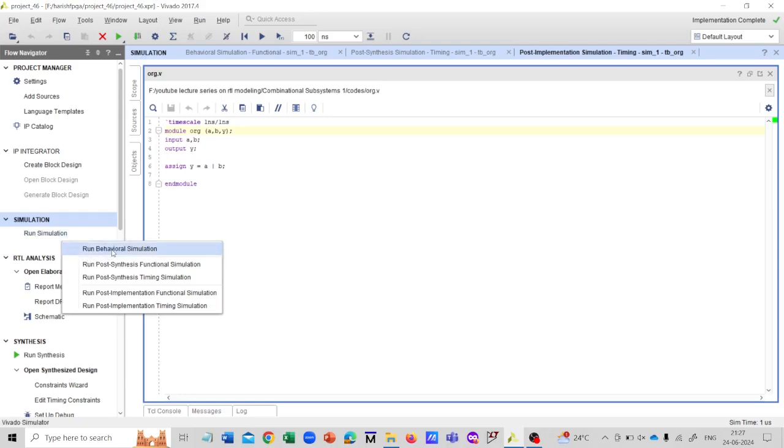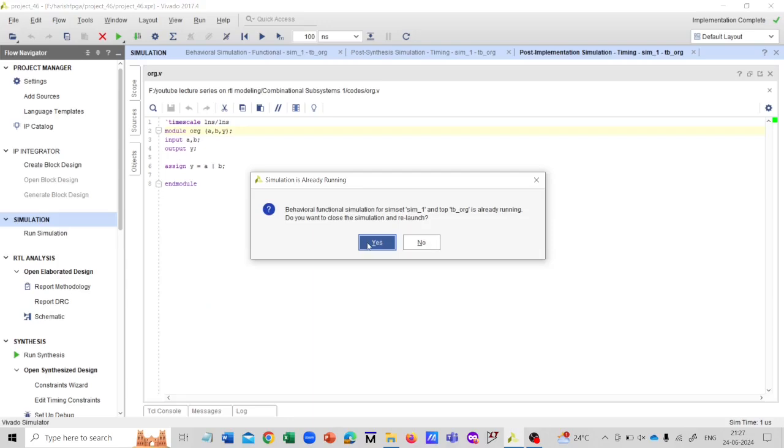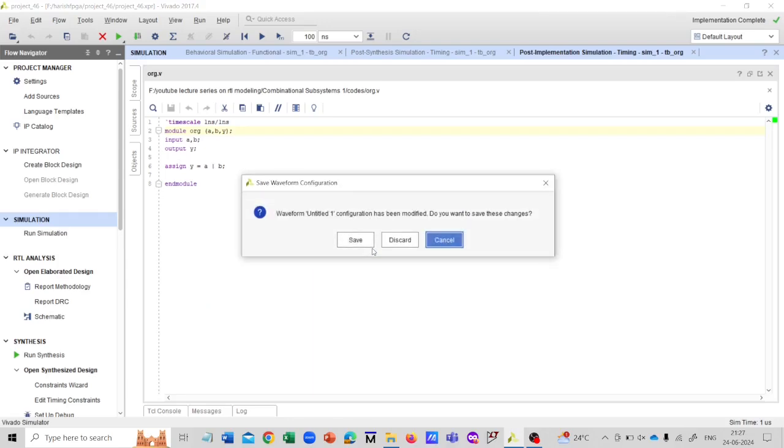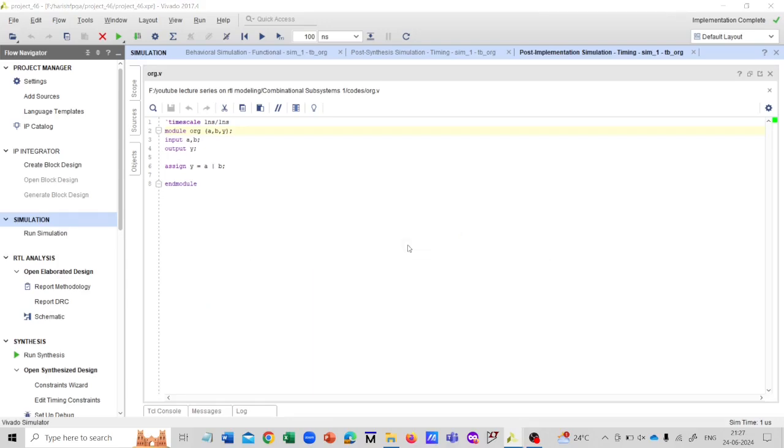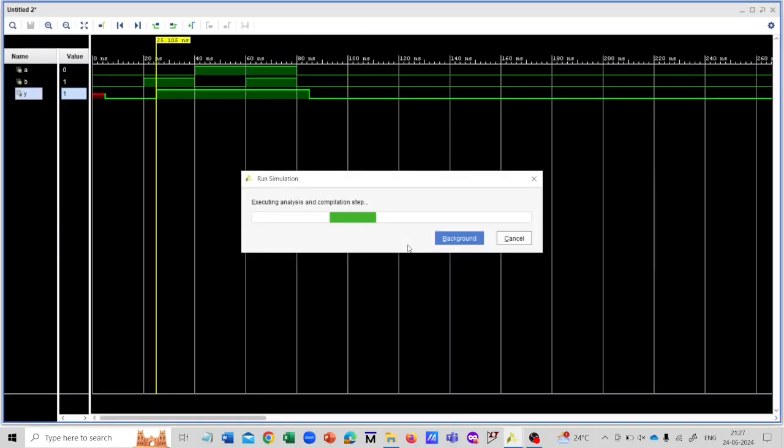So in behavioral simulation, only the functionality will be simulated and the delays will not appear in the simulation waveforms. So let us see how the simulation shows up in the Vivado simulation tool.